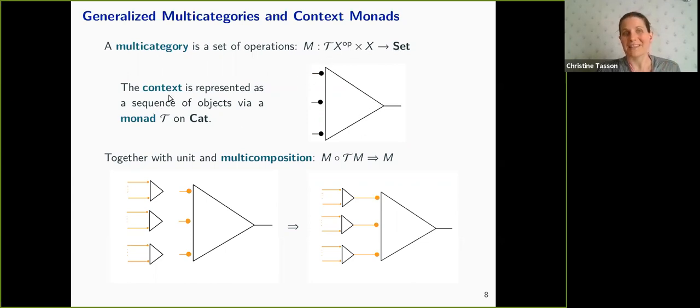So the context is now represented as a sequence of objects via a monad T on Cat. Why a monad? Because in the multi-composition, I have a sequence of inputs, and I want to produce only a sequence of inputs. So I go from TTX to TX. That is why I need a monad. And my purpose now is to know what is the monad corresponding to linear and nonlinear contexts.